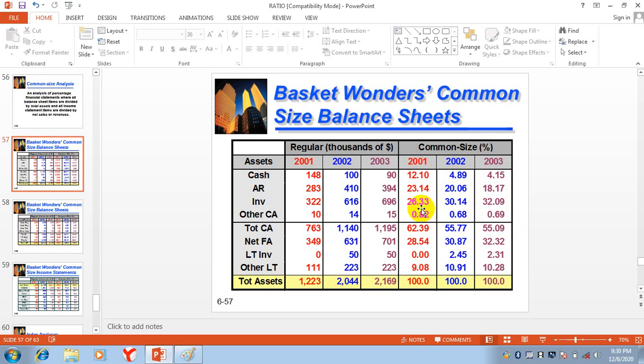Check out the first item, cash. It was 12% in 2001. It comes down to 4.89% and then comes down to 4.15%. So cash is going down. Is it good? Is it bad?